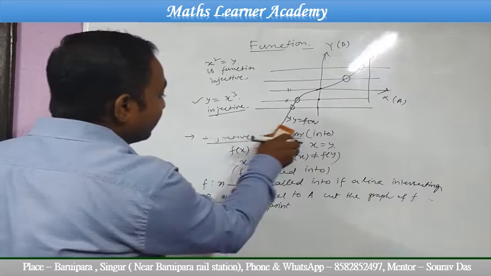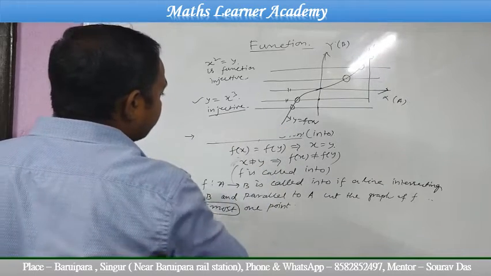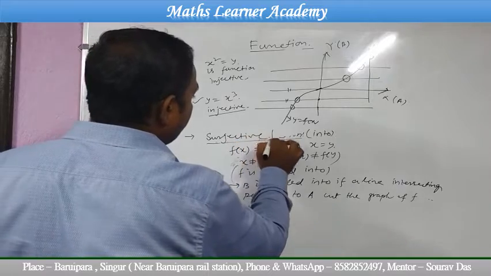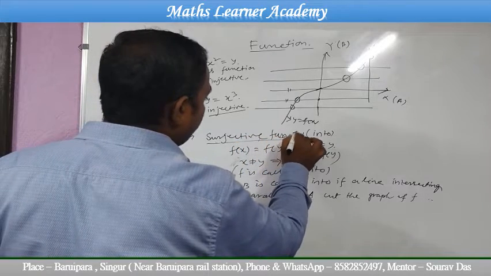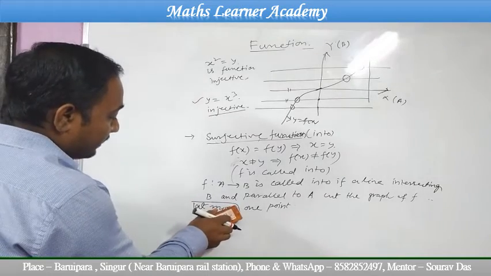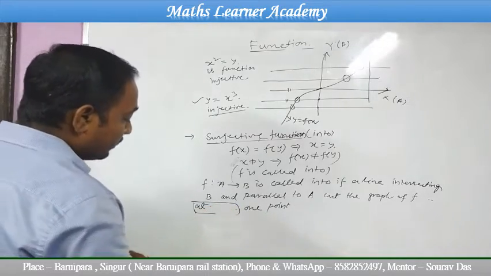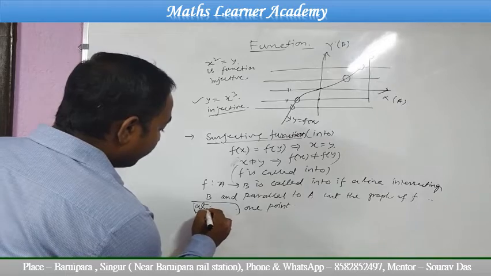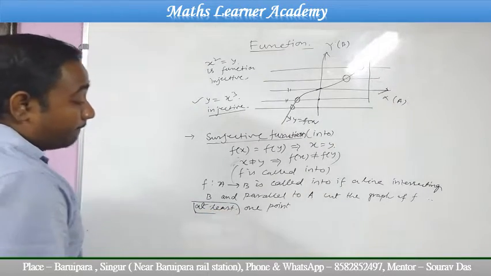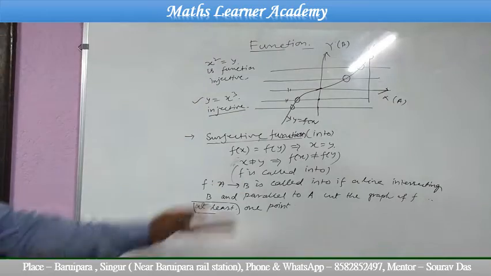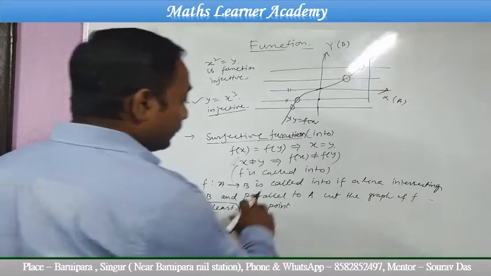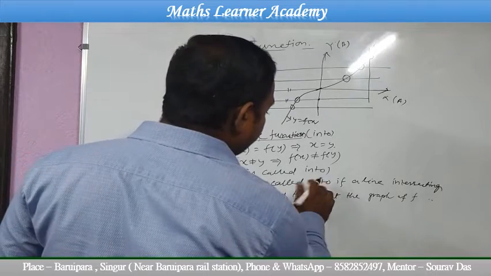For the surjective function, the definition, the most part, is converted into at least, right? Then the function is called a surjective function. So this function is called an onto function.